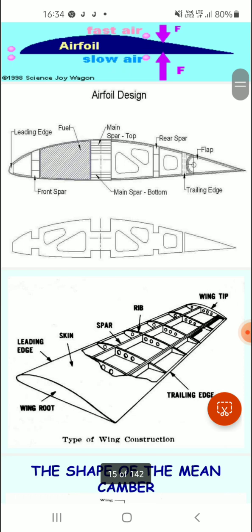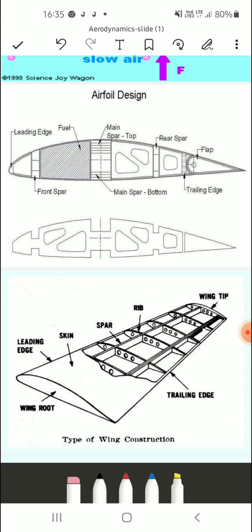Okay, there comes the airfoil design. You need to know what an airfoil is. I am telling you why airfoil, but what is an airfoil? Airfoil is basically the side shape view of an aeroplane wing. You have seen the wing.